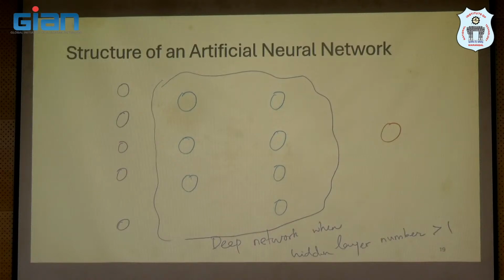Okay. So when you are talking about deep learning, what you are trying to do is increase the number of hidden layers, more than 1. And if you have more than 1, you can have 2, 3, 4 like that. The more layers you add, the more complex your system becomes. Okay. So this is the general structure of an artificial neural network.